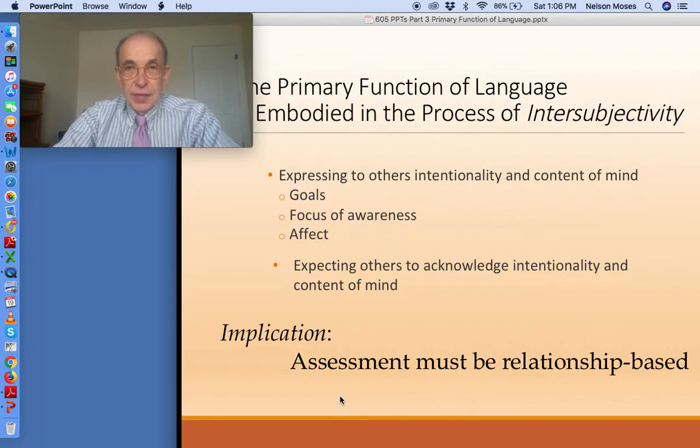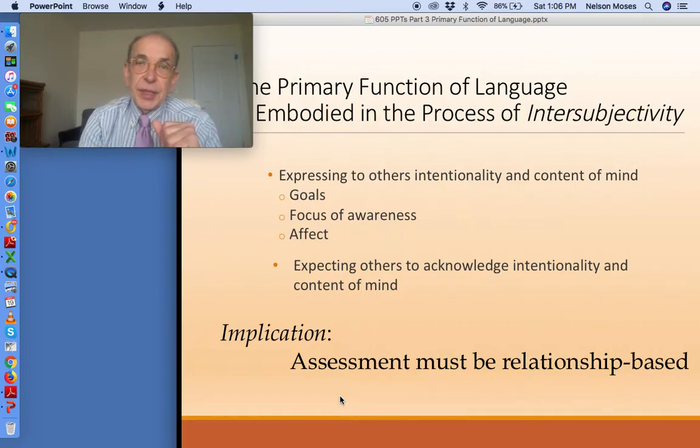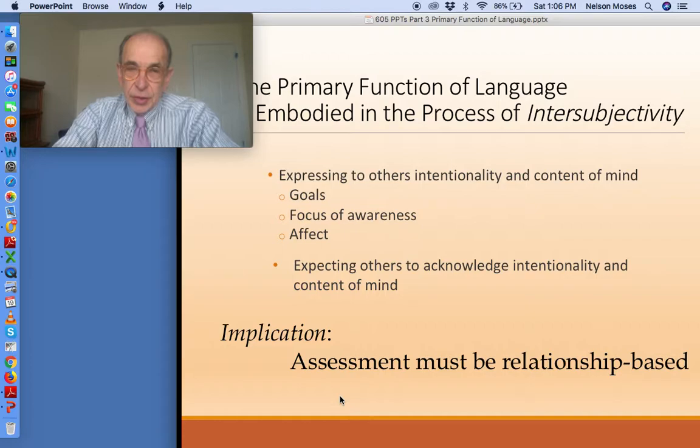In the case of very young children, the need to express what's on one's mind, that is the speaker's job, so to speak, or the speaker's drive. But with very young children, it's really the adults, caregivers, the adult other part of the dyad, whose responsibility is to acknowledge what the child expresses.